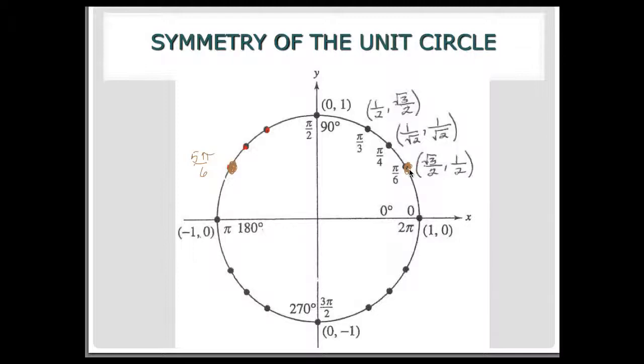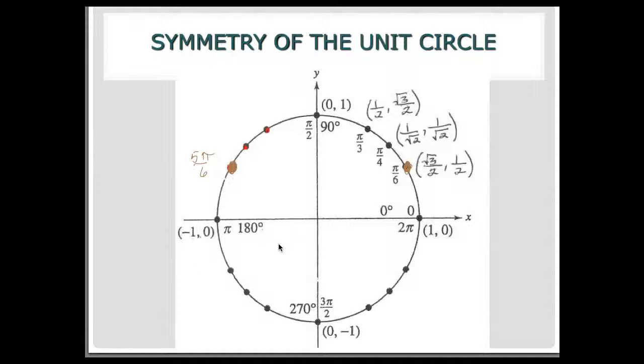As you'll be seeing in the next lesson, when we actually use the unit circle ordered pairs to evaluate trig expressions, you'll know that this point here in the second quadrant is pretty much the same ordered pair as pi over 6. It's just that now it has a negative x value because it's over in the second quadrant. The y value is the same. And it's that way with all these points that you see on the unit circle. They're all symmetric to each other.